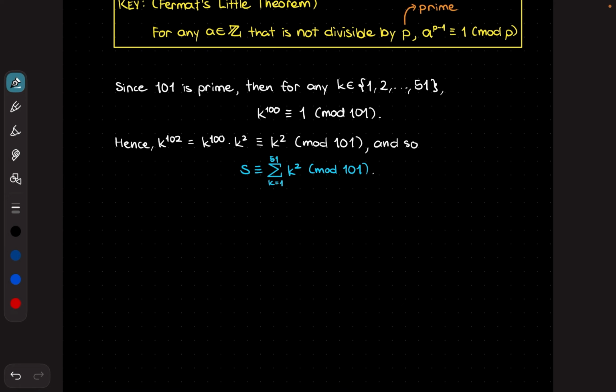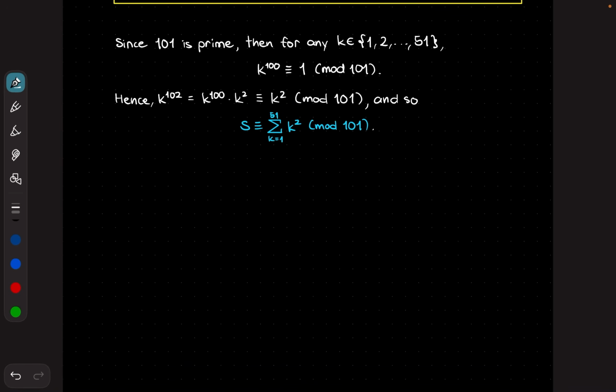And what is good about this? Well, we actually have a formula for the sum of squares. So that is the next key fact in this problem. So let me just write it out here. The next key fact is the sum of squares.